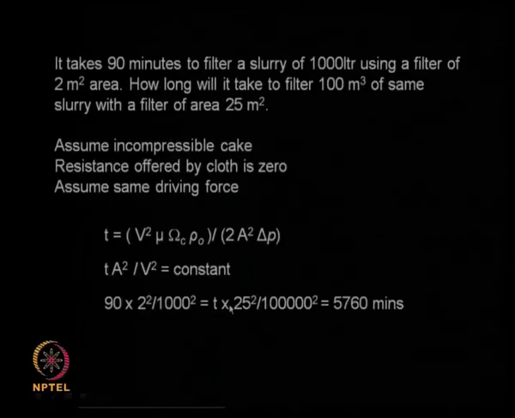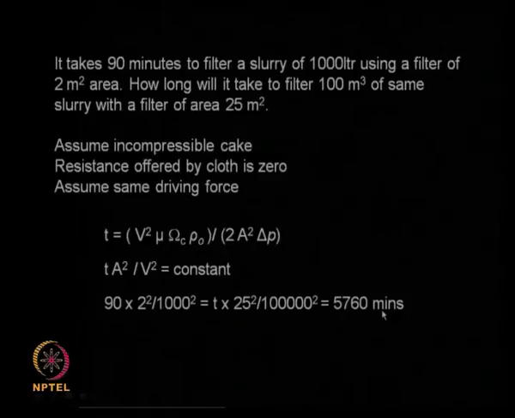Now this is equal to T, which is what we have to calculate, that is the time for filtering 100 meter cube. 1 meter cube is 1000 liters, so we have 100,000 in the denominator which is raised to the power 2, and the surface area for the filtration process is 25, so you have 25 square. You can take these two terms to the other side, and you get 5760 minutes.